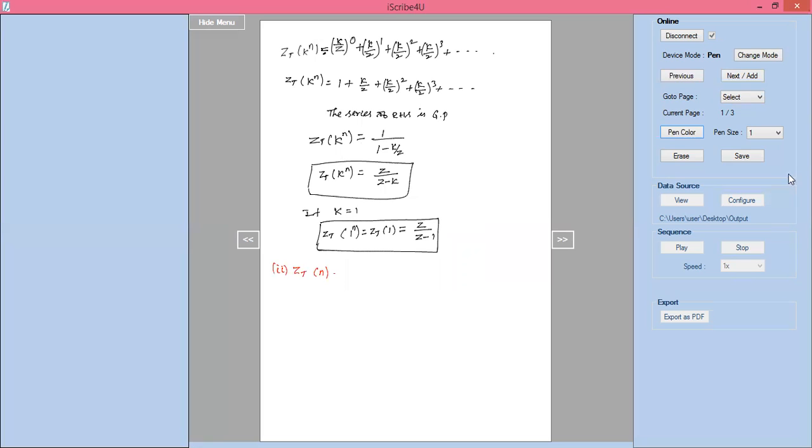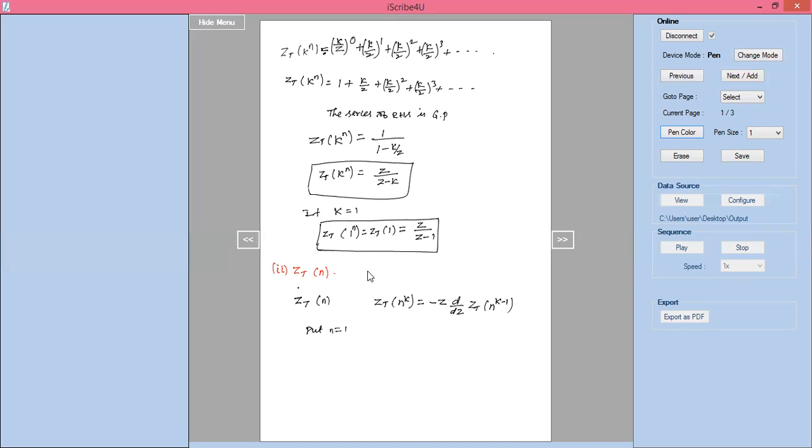To simplify this, we use the formula: Z transform of n power k equal to minus Z into d by dz of Z transform of n power k minus 1. Now, in this formula, put k equal to 1.